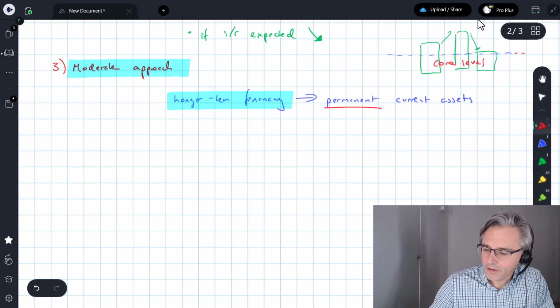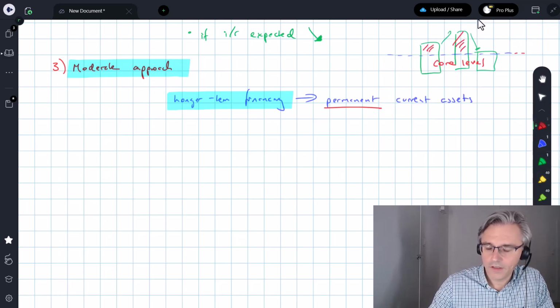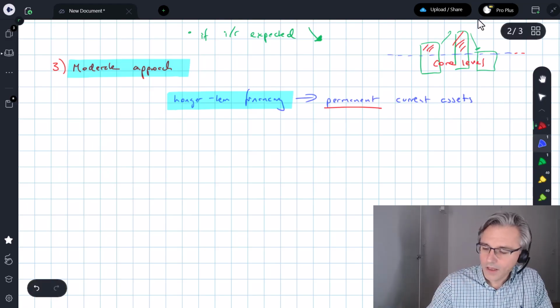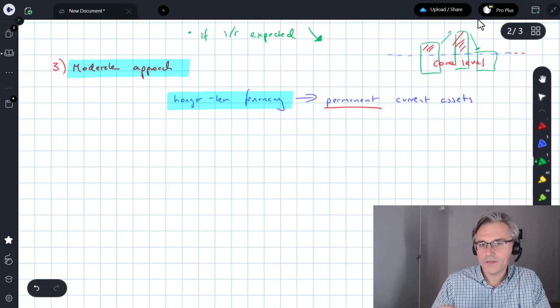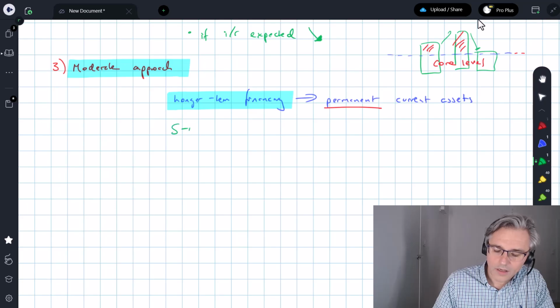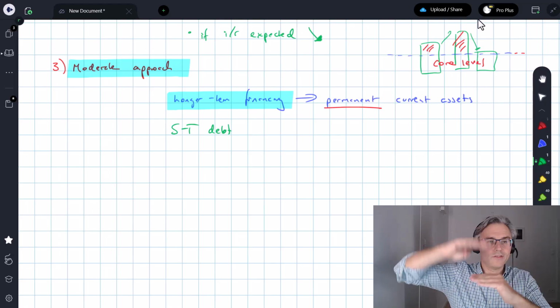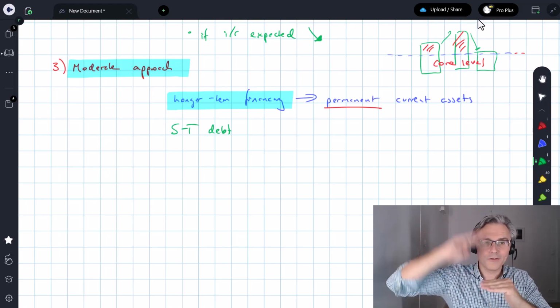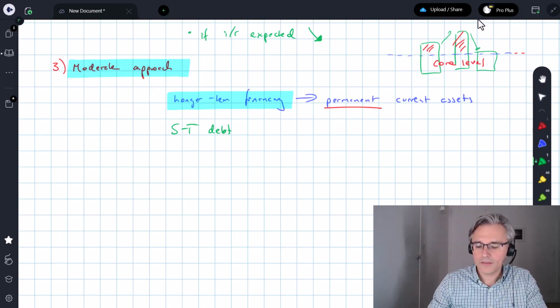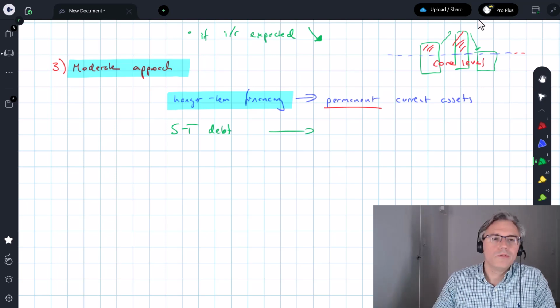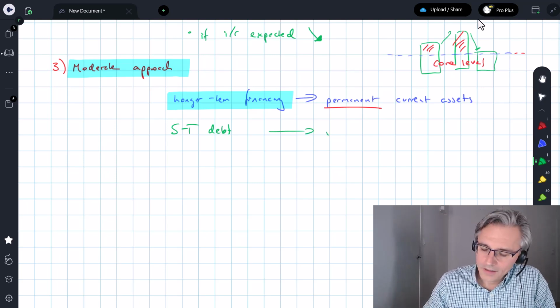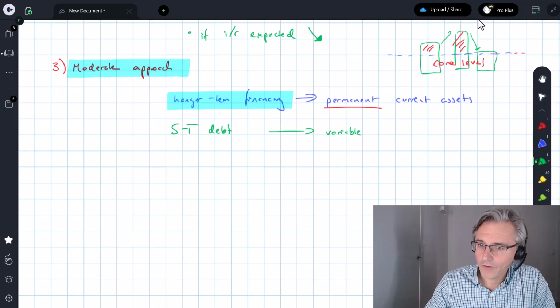However, the fluctuations, which are a result of seasonality, for example, will typically be funded using shorter term debt, so as not to borrow too much, seeing as those fluctuations sometimes completely disappear, or those excesses completely disappear. So once again, why borrow more than you need? And this is going to fund your variable current assets.